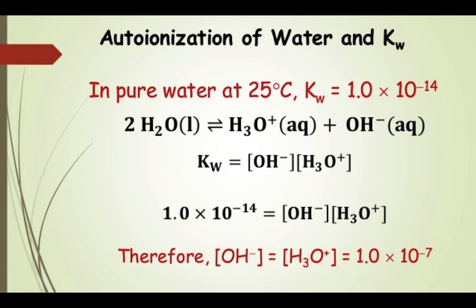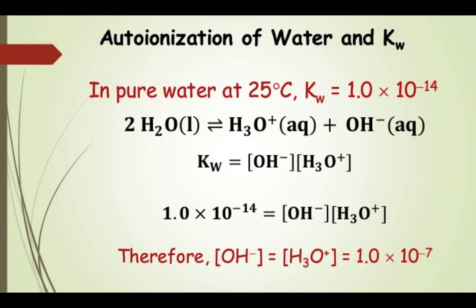Very small K. In other words, 2H2O liquid yields H3O plus plus OH minus. The Kw will be the concentration of OH minus times the concentration of H3O plus. We ignore the concentration of water because it's a pure liquid, so it's not in the K expression. 1 times 10 to the minus 14 equals OH minus times H3O plus.